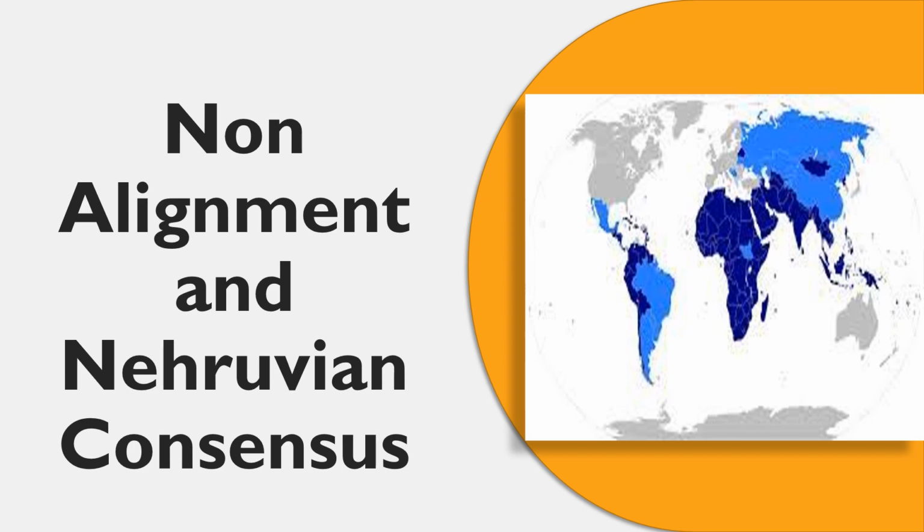J.N. Dixit, India's former foreign secretary, has opined that Jawaharlal Nehru was the perceiver of national concerns and interests, conceptualizer of policies and options to meet them, and the initiator of policies and actions on all aspects of external affairs.